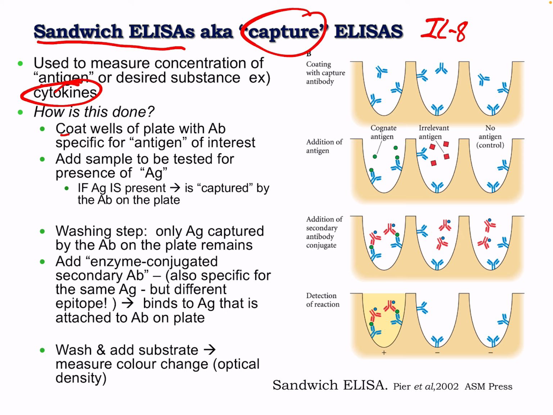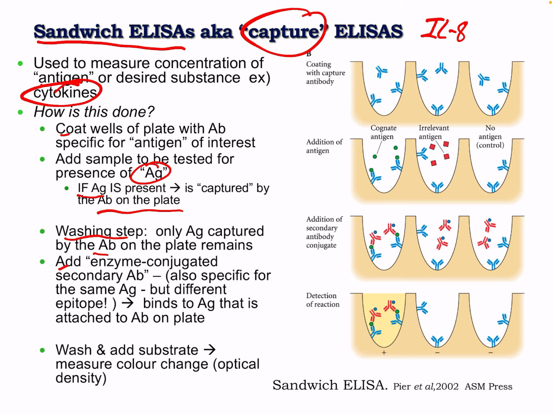So we coat the wells of the plate with antibody specific for the antigen of interest. Then we add our sample to be tested for the presence of antigen. So usually blood, serum, even sweat, urine, any kind of fluid. If the antigen is present, it is captured by the antibodies on the plate. Then again, we have this washing step where only the antigen captured by the antibody on the plate remains.